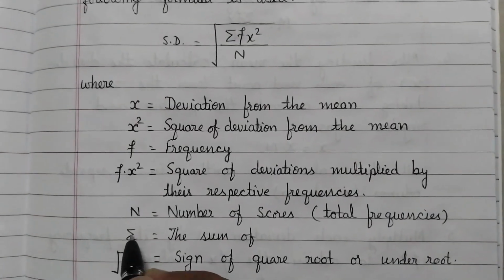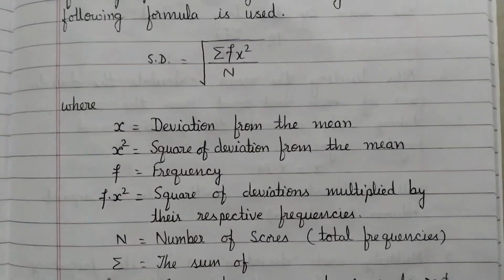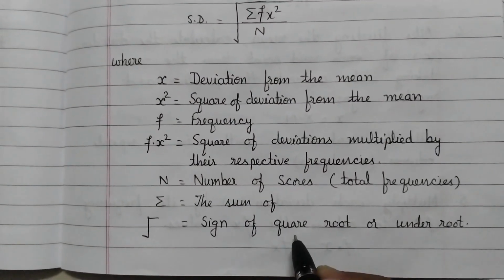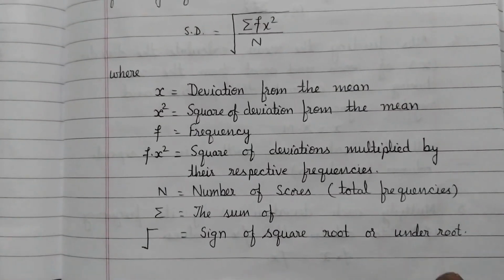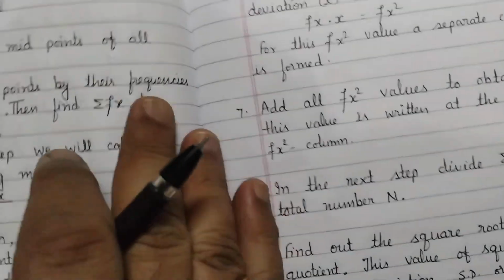This symbol is called sum of and known as sigma, and this notation is called sign of square root or under root.